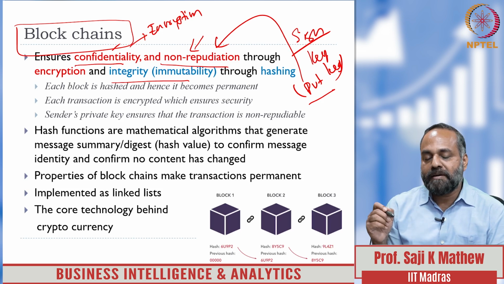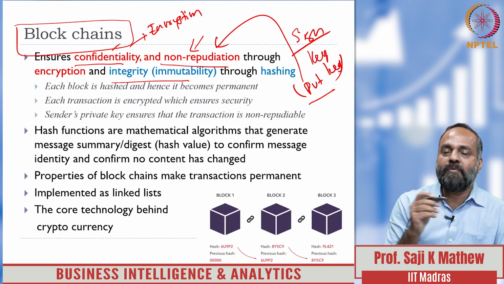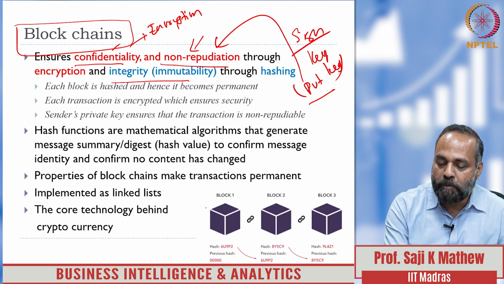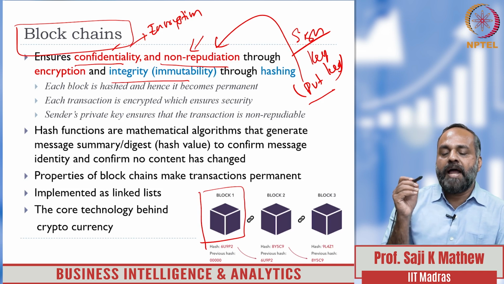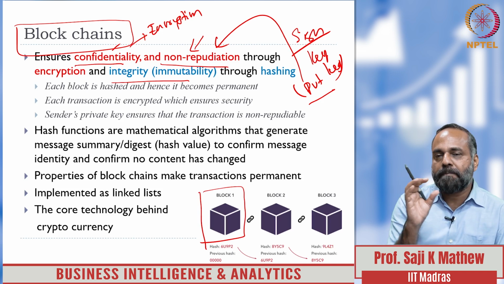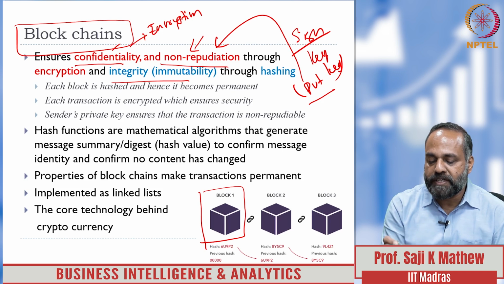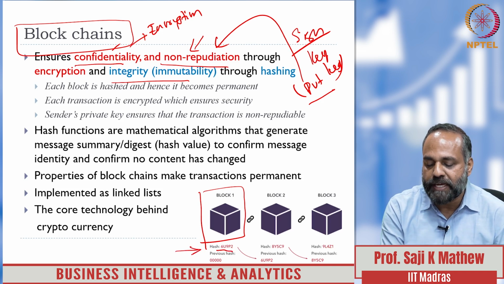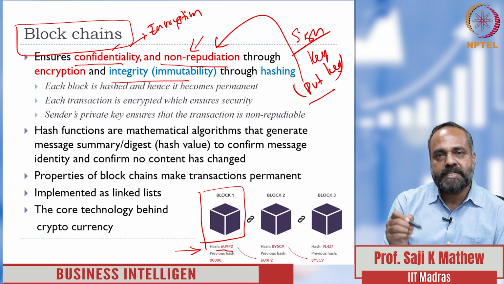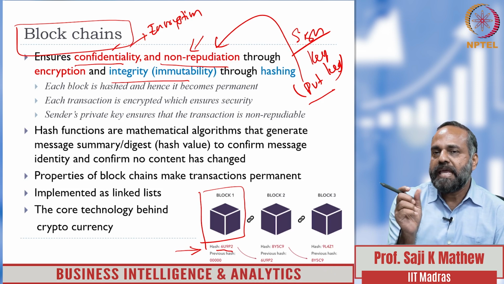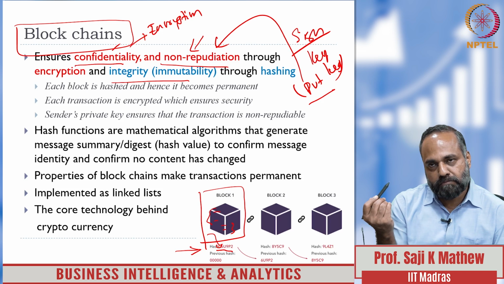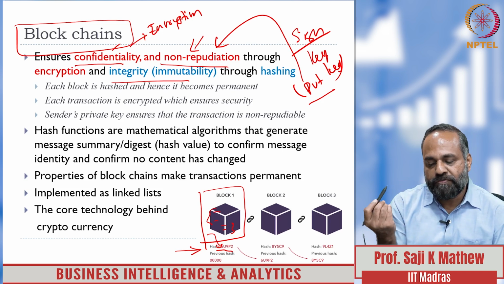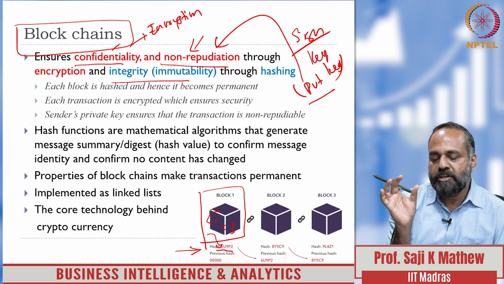And the third and more interesting aspect is immutability. Once a transaction is complete, it becomes a block. A block is a record, it's a ledger, and it records a particular transaction and then creates something called a hash key. Hashing is a mathematical function. It produces one hash key for the entire transaction record. It could be 128, it could be 256; there is a length to the hash key.